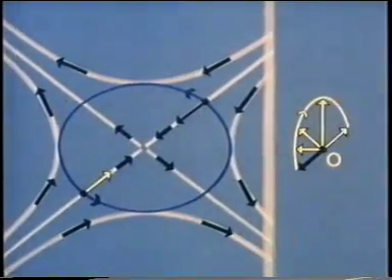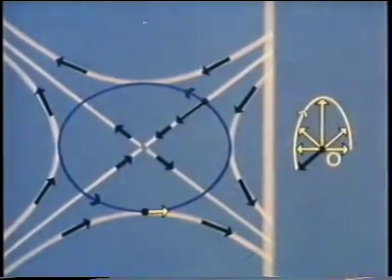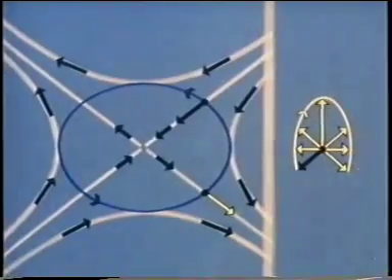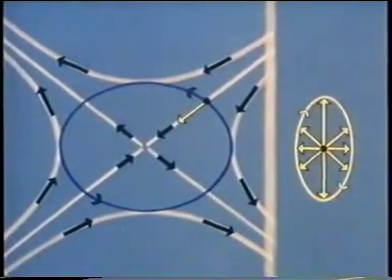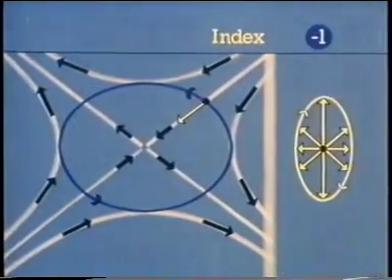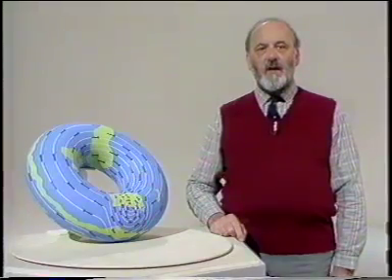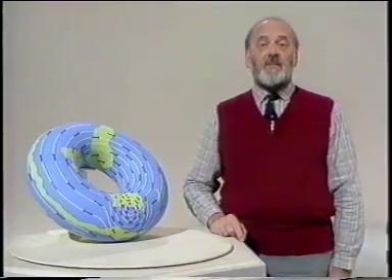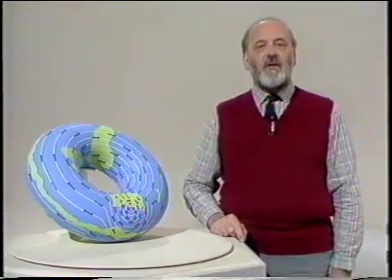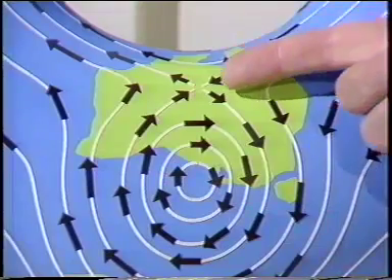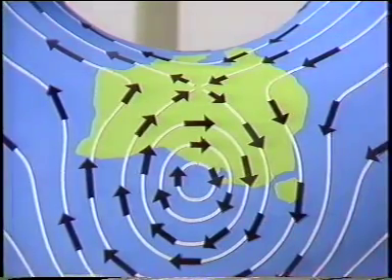So we're going clockwise round our fixed point. So the winding number is -1. Actually, there are more complicated types of cross point with indices -2, -3, and so on. But this one has index -1.